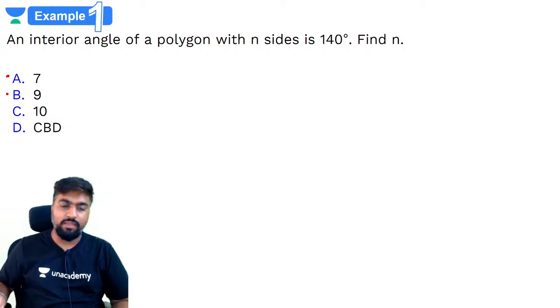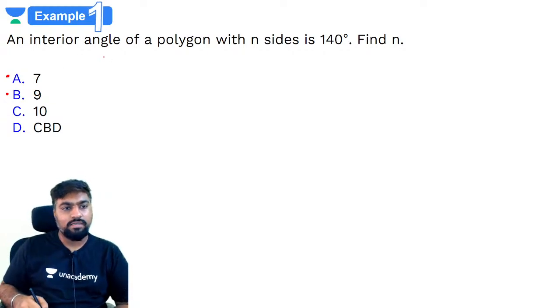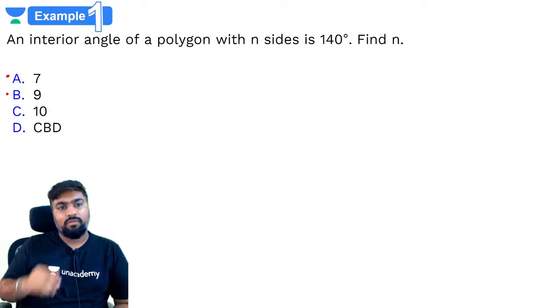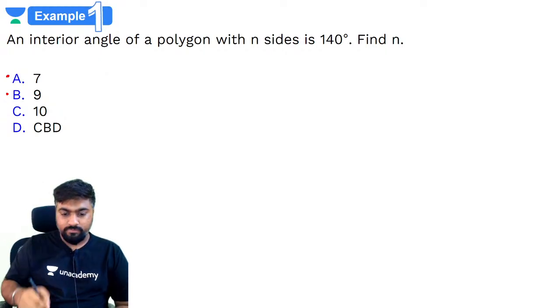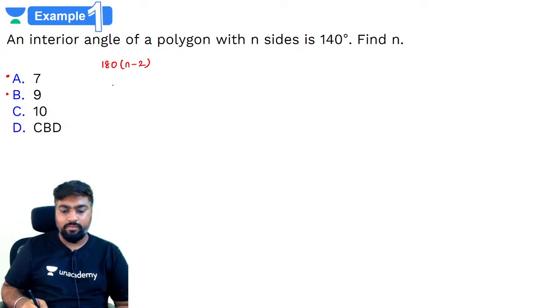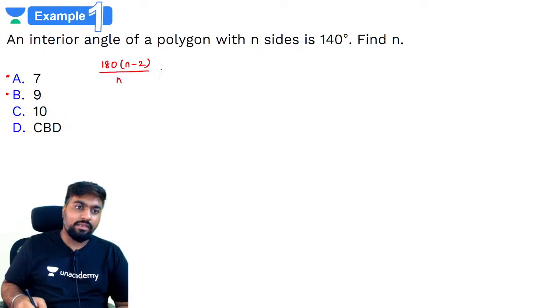Alright, so we know that the sum of all angles will be equal to 180 into n minus 2, correct? And for each angle it will be divided by n.